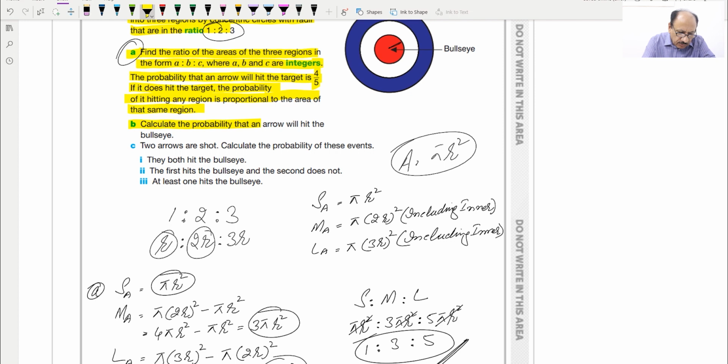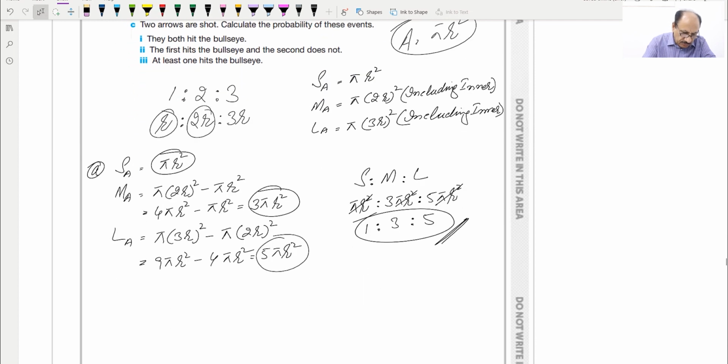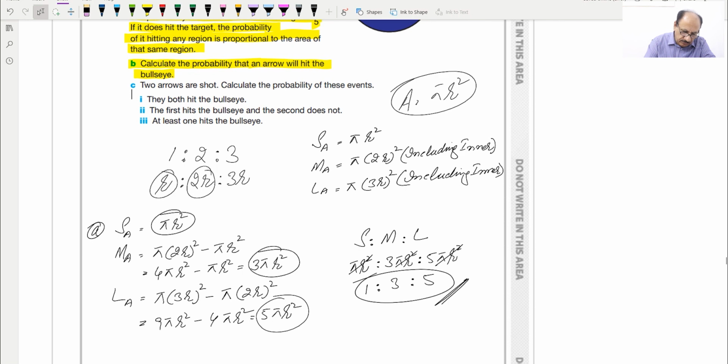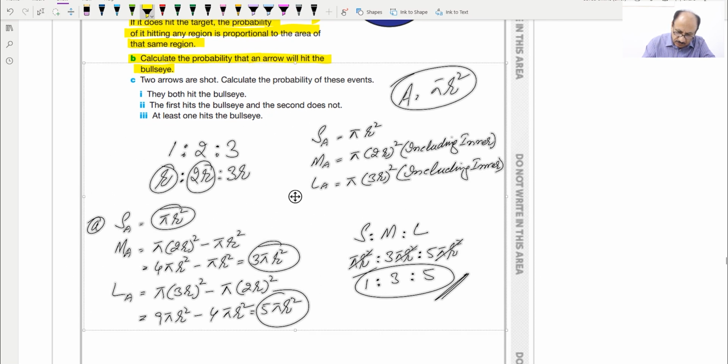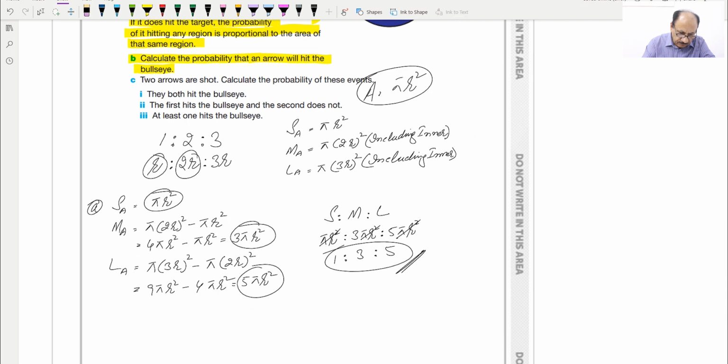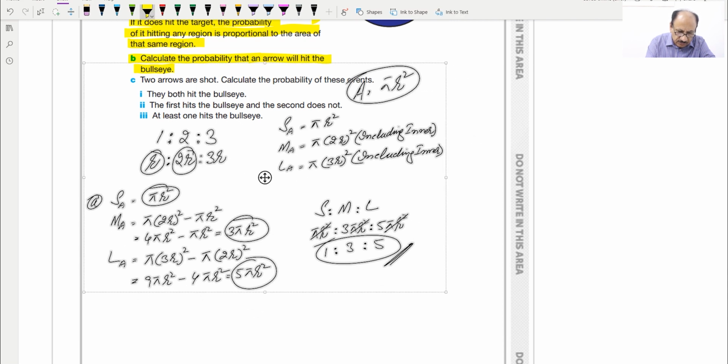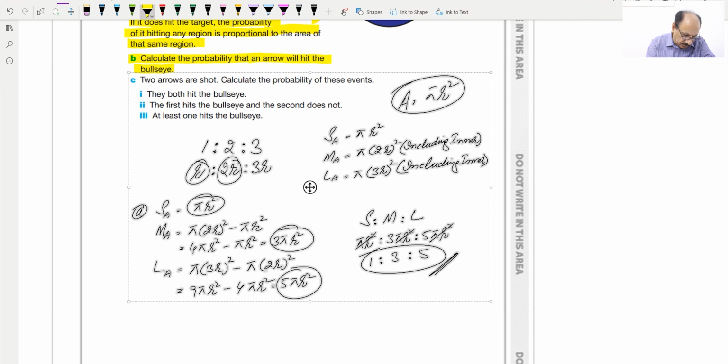B part, calculate the probability that an arrow will hit the bull's eye. Before solving B part, I will just fix it so that we will be getting space for the whole question.